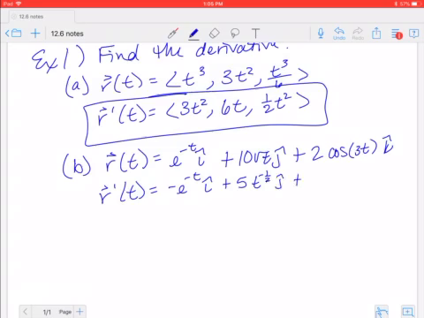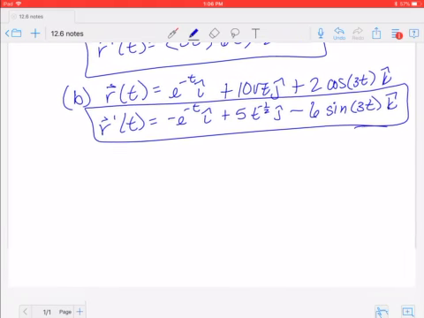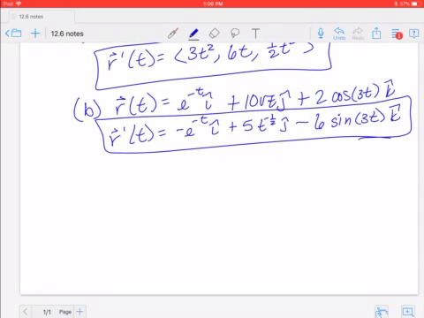Now it's going to be negative, right? Because the derivative of cosine is negative sine. With my inside function of 3t, that's going to give me negative 6 sine of 3t. Awesome. Pretty sweet, isn't it? I love it when a plan comes together. Not too shabby.